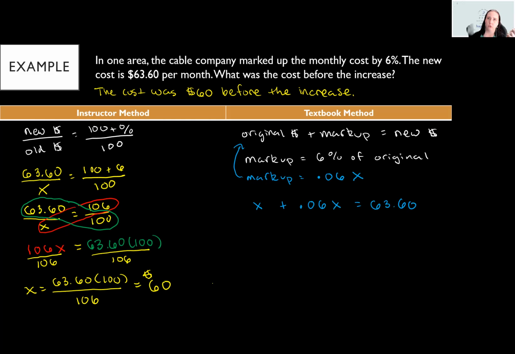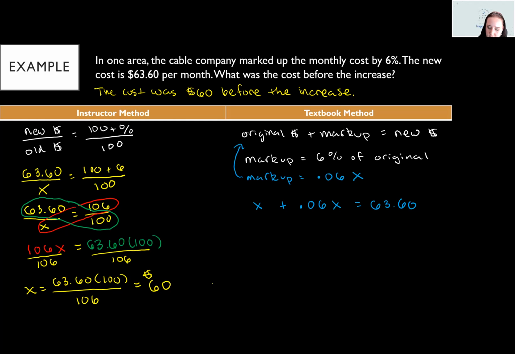So if you're trying to do this problem on your own, think about how would you set this up? I bet you that this is not how you would set it up. You would not think to do it this way. And you would probably do 6% of 6360 and then try to subtract it off. But if you notice here, you don't actually have any subtraction going on.